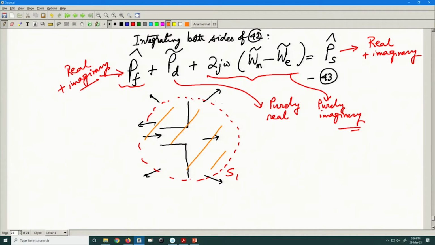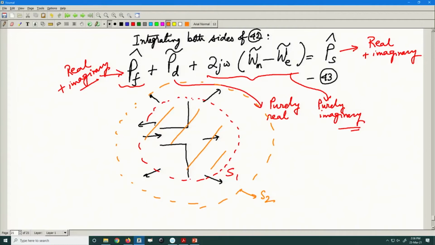So, we are integrating over a volume of space. If I increase the radius of this sphere to, let us say, S2, the volume enclosed will be more, and therefore, the stored power will be more. So, this is called the near field of the antenna.